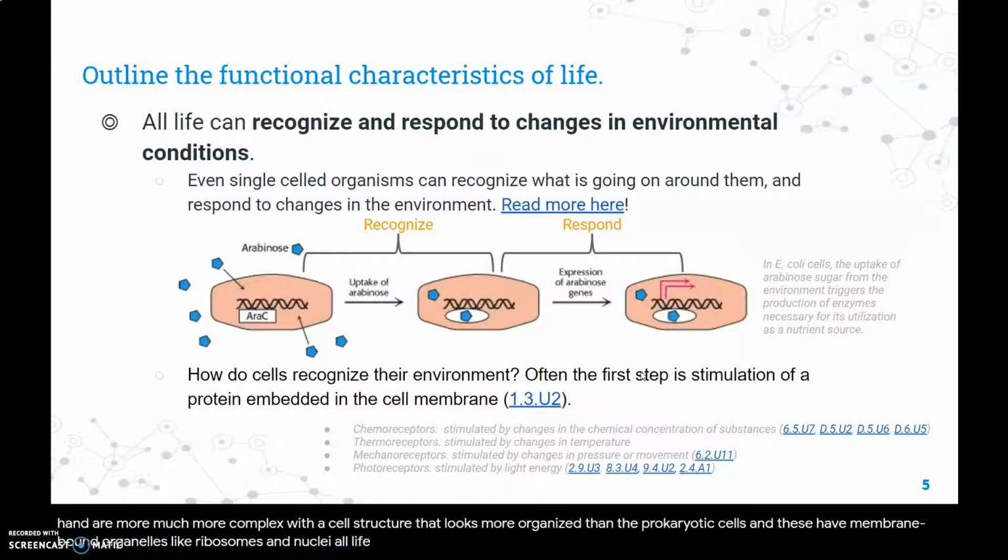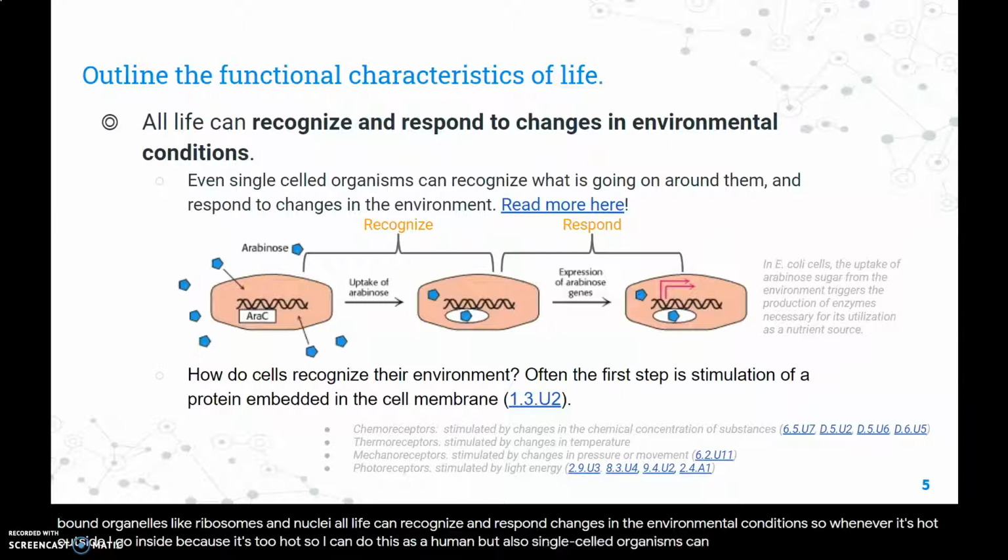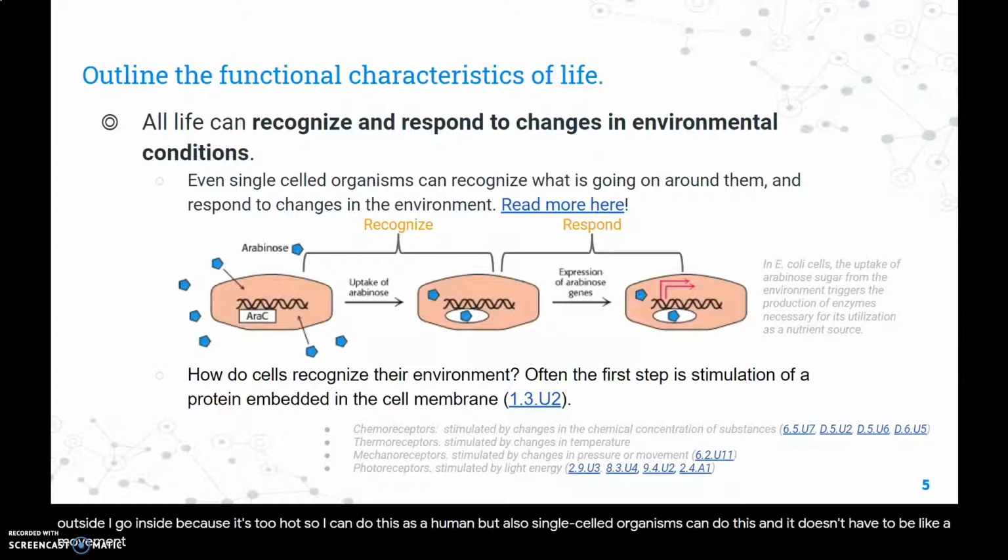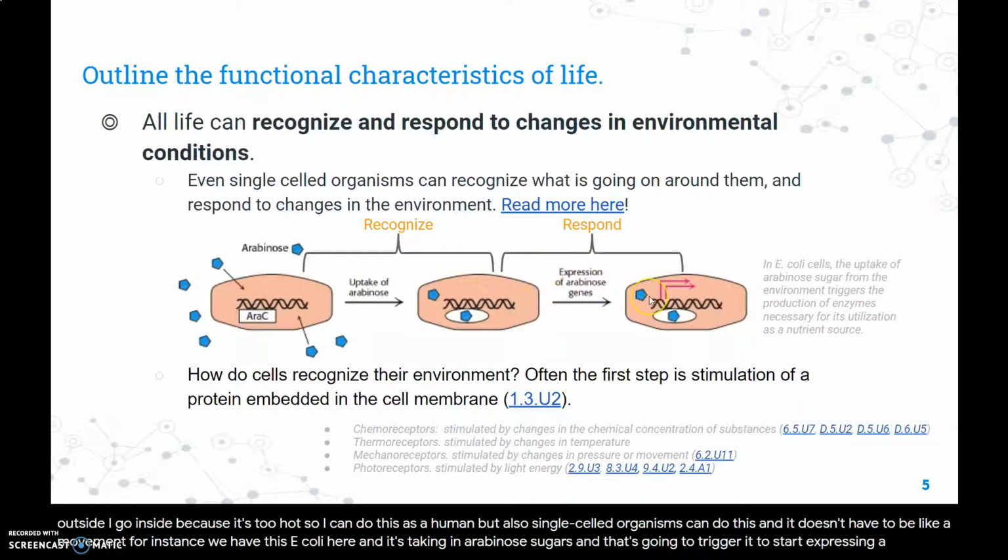All life can recognize and respond to changes in the environmental conditions. So, whenever it's hot outside, I go inside because it's too hot. I can do this as a human, but single-celled organisms can do this too, and it doesn't have to be a movement. For instance, we have this E. coli here, and it's taking in arabinose sugars, and that's going to trigger it to start expressing a certain gene.